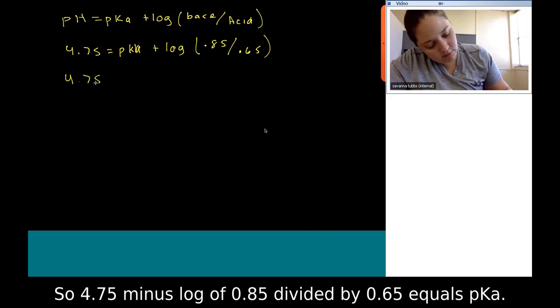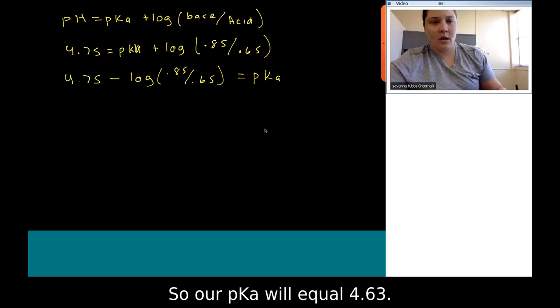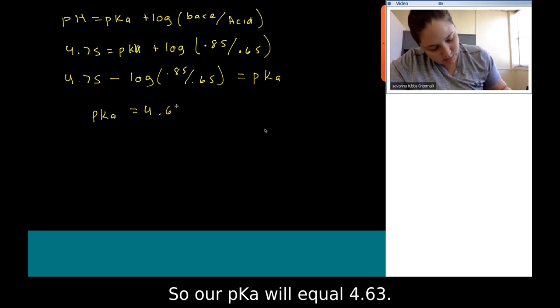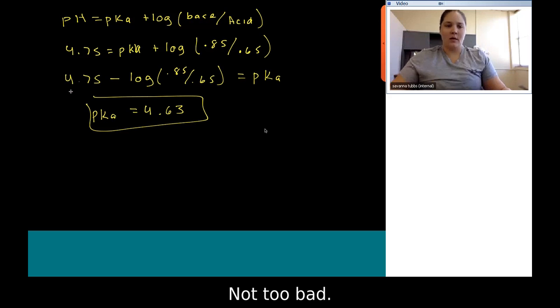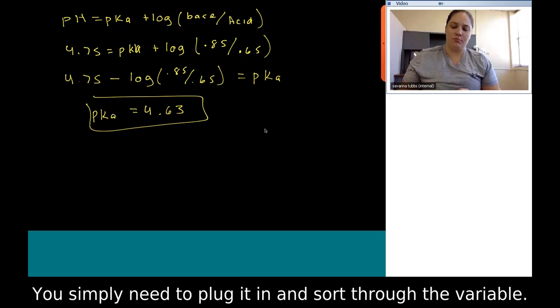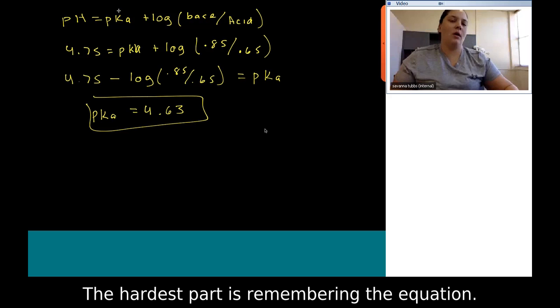So 4.75 minus log of 0.85 divided by 0.65 equals pKa. So our pKa will equal 4.63. Not too bad. You simply need to plug it in and solve for the variable. The hardest part is remembering the equation.